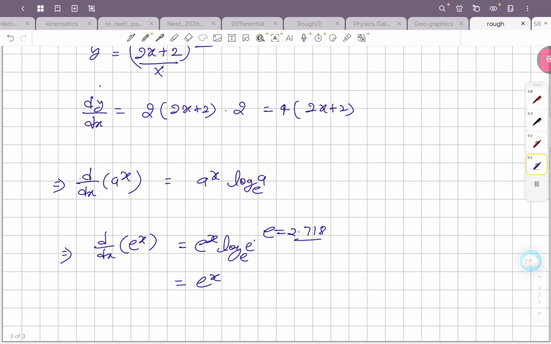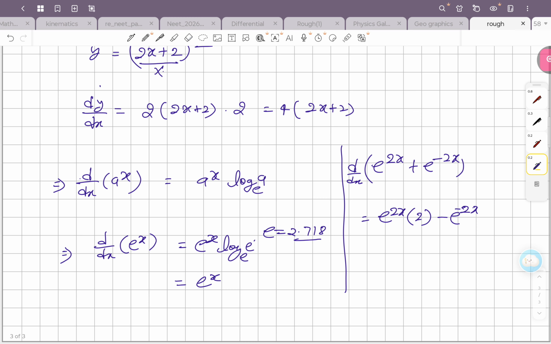So it is e to the power x. I think everyone understands. Same thing for e to the power 2x plus e to the power minus 2x. What is the differentiation of this? It is e to the power 2x into the derivative of 2x, which is 2, and then minus 2 e to the power minus 2x.